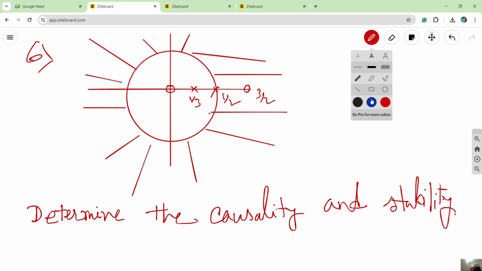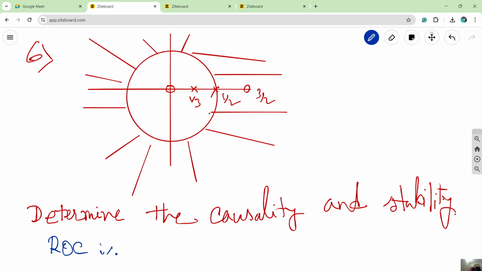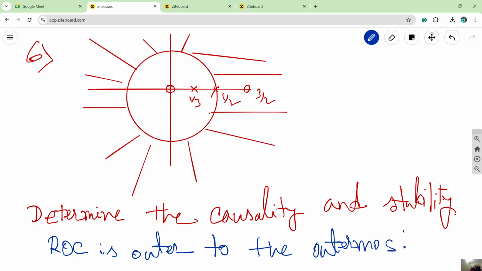So, again, just comment: ROC is outer to the outermost pole. The system is causal.